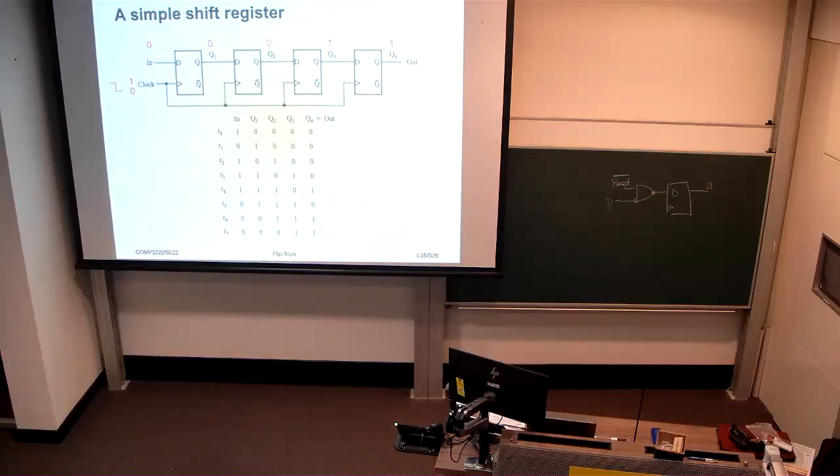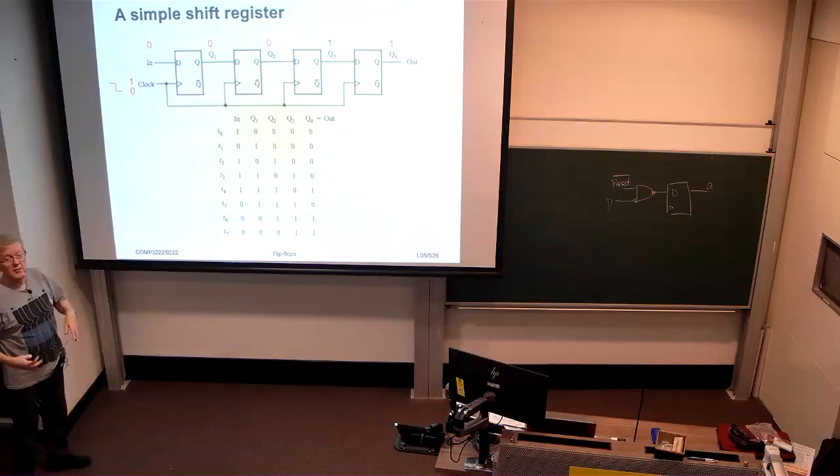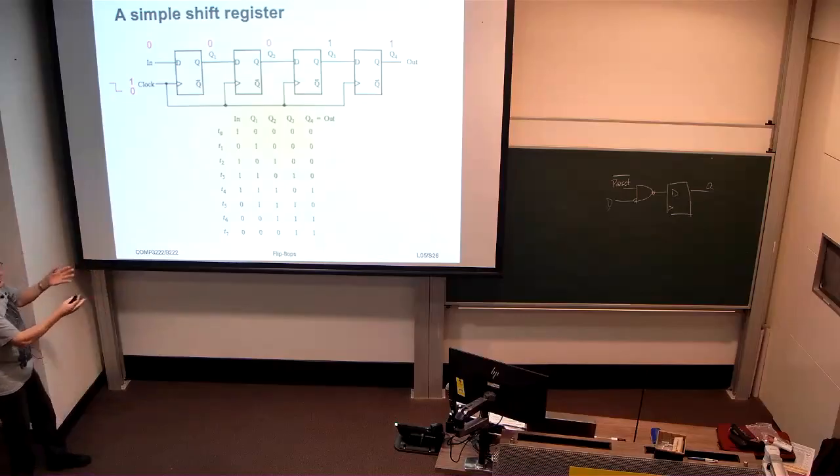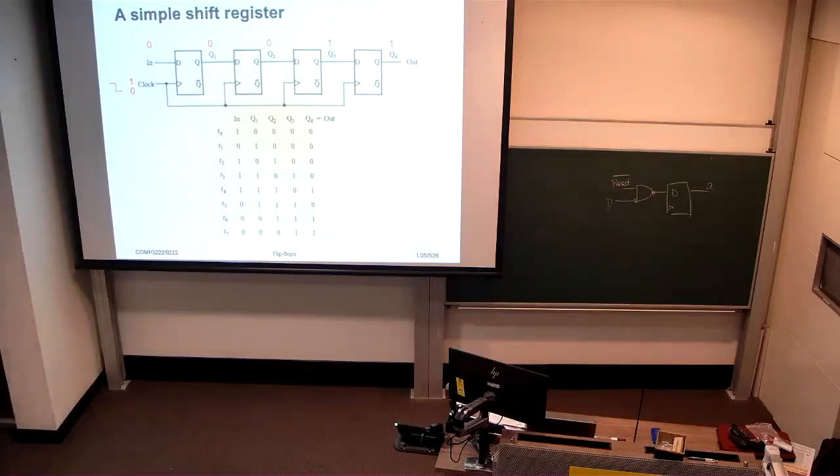Often we want to read these values in parallel out of the shift register, and we might even want to establish a value on the shift register in parallel and then shift the bits out sequentially. This allows us to translate parallel data into serial data or serial data into parallel data.